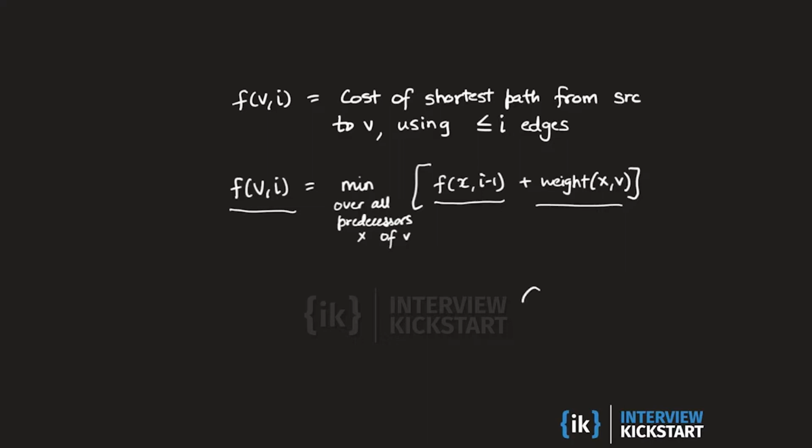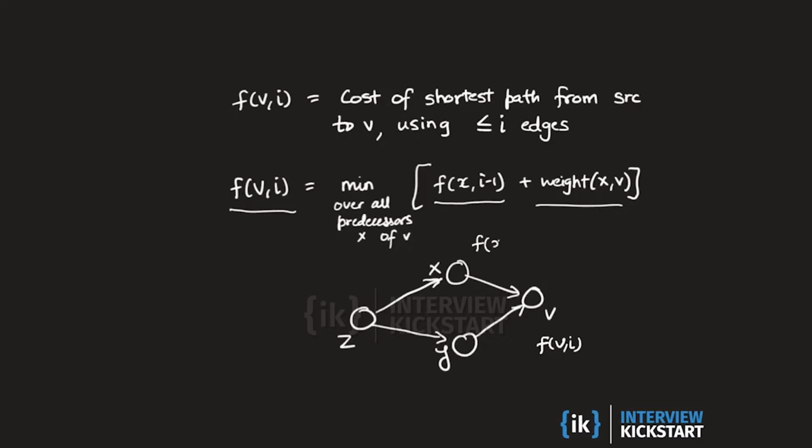Now suppose there were two predecessors of v, let's say x and y. It is possible that in the graph there could be a vertex which is a predecessor of both of these. Let's call this vertex z. So in trying to calculate f of v comma I, we would need the values of f of x comma I minus 1 and f of y comma I minus 1.